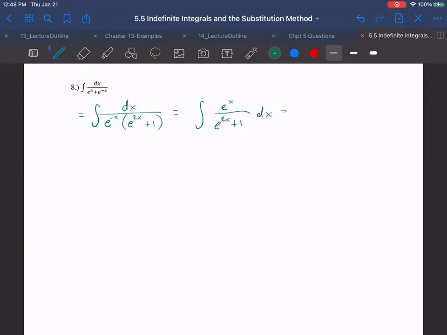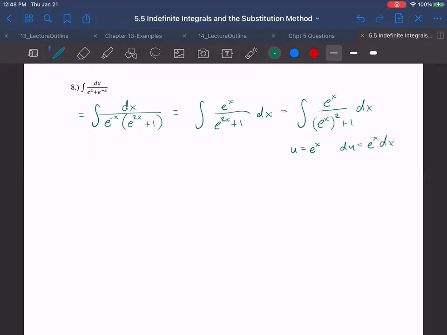And then this equals the integral of e to the x over e to the x squared plus 1 dx. See that?